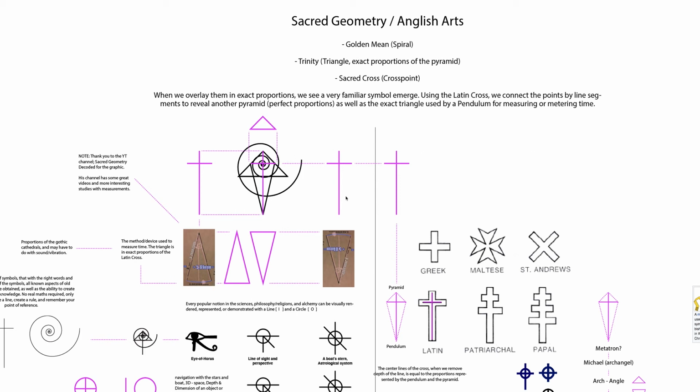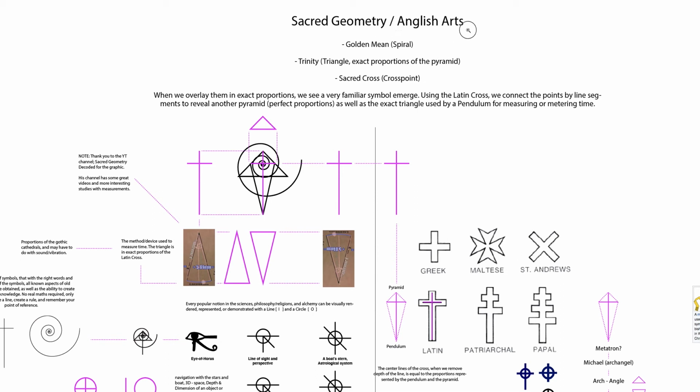This is number 2 of the Anglish Arts, the first video I've retitled. And I think it's just a better title to go with going forward. Some of you may be familiar with the sacred geometry term. I'm going to correlate that as well, but that may very well be the actual term.